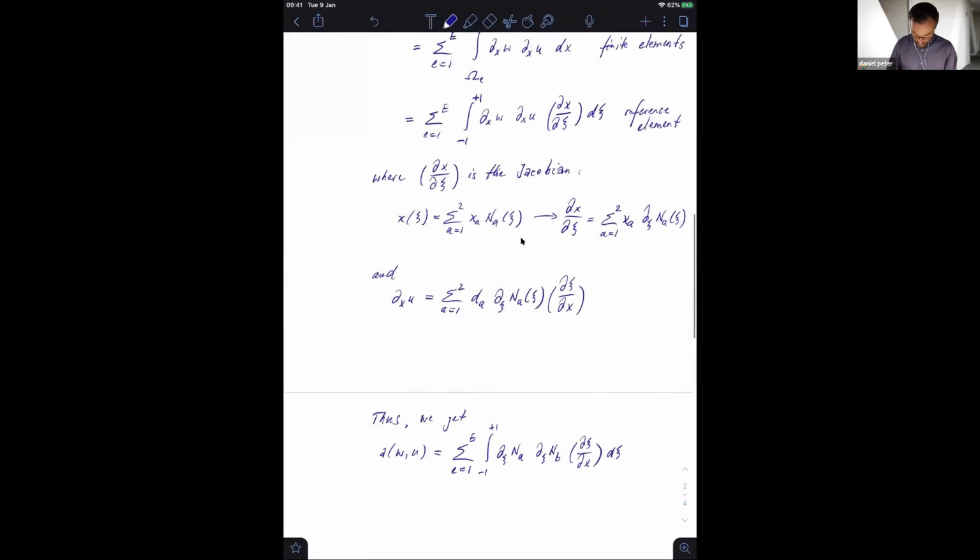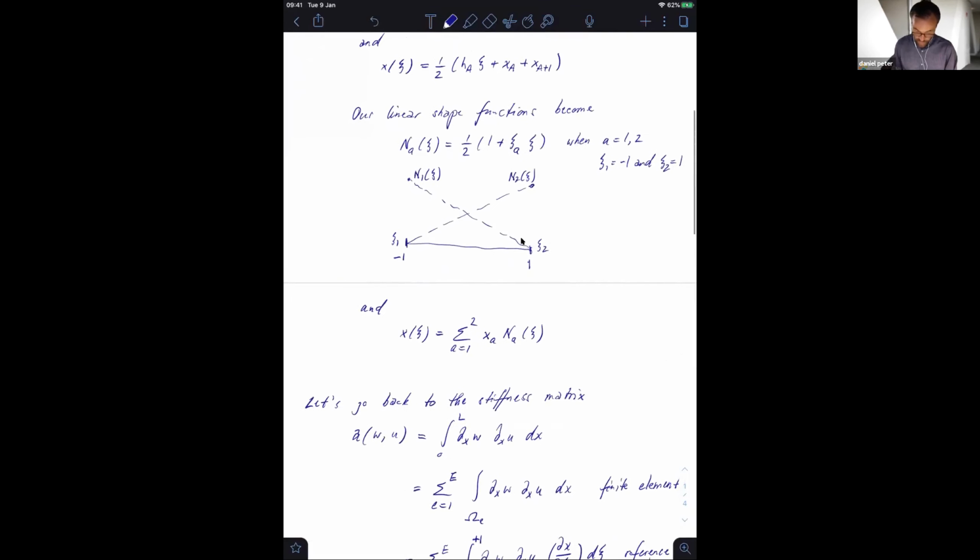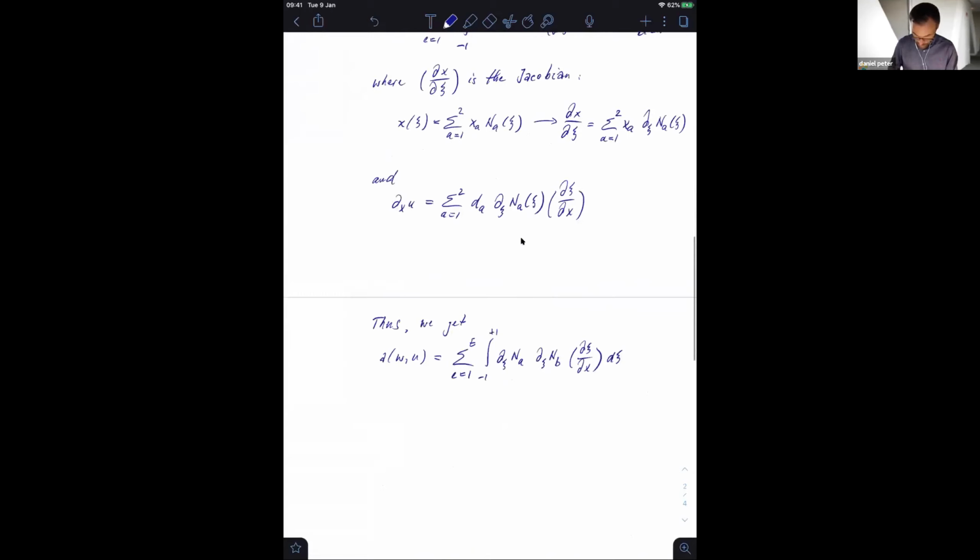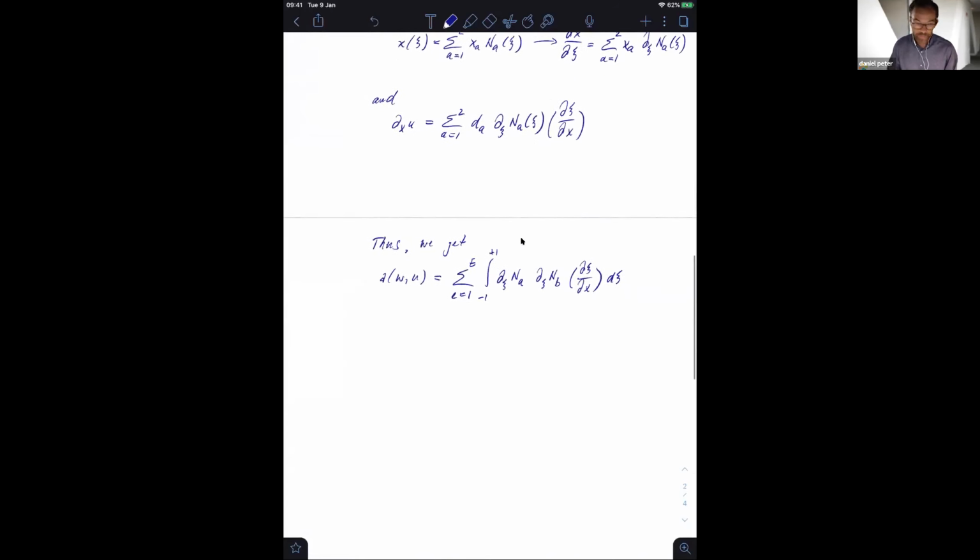But so look at the shape functions. So NA of psi. So we set out using these linear shape functions. So you can easily write down what the derivatives are and what this integral actually looks like. So this becomes the sum over E, and then it becomes minus 1 to the power of A plus B times 1 over the element size, HE.